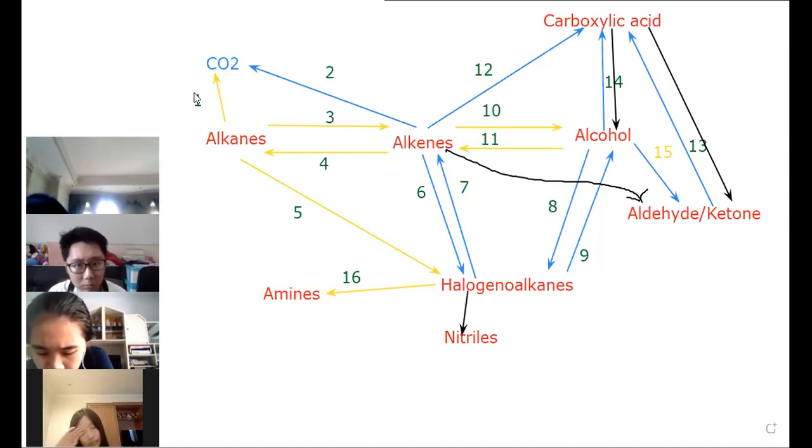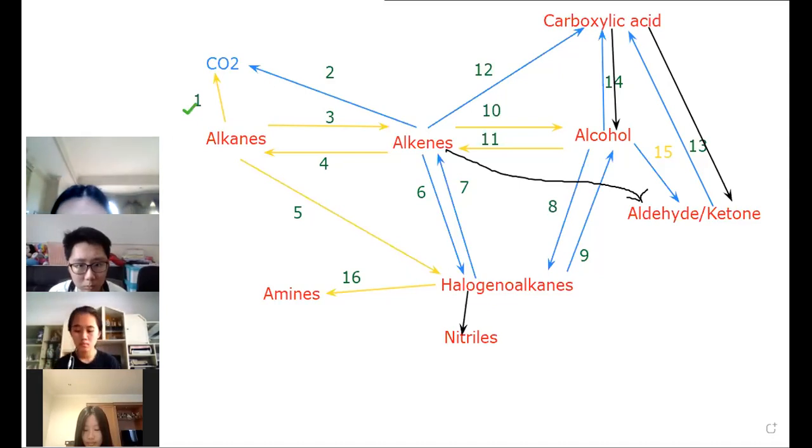The reagent will be oxygen gas, and catalyst would be nothing. Yes, correct. This reaction is combustion. Natasha is correct.